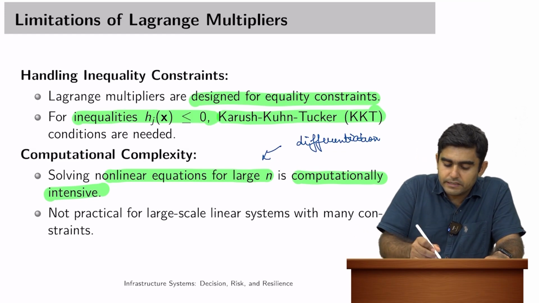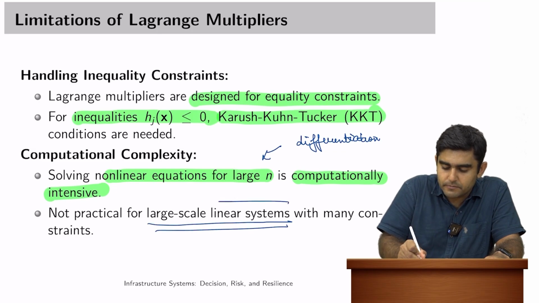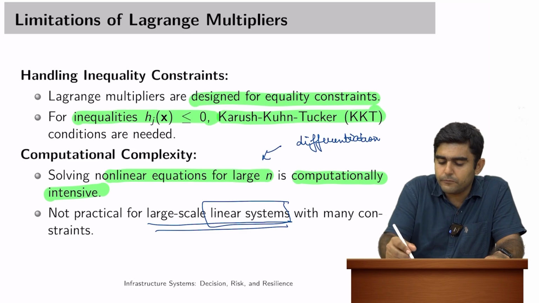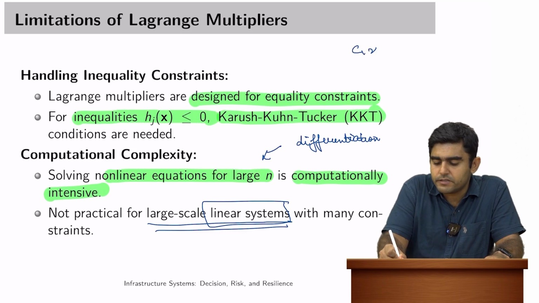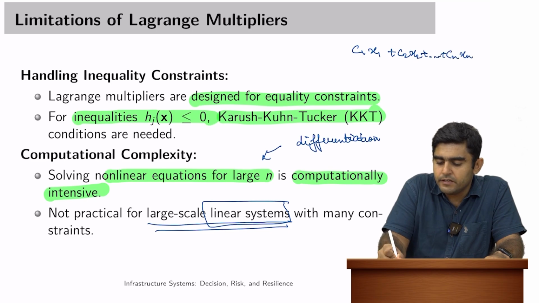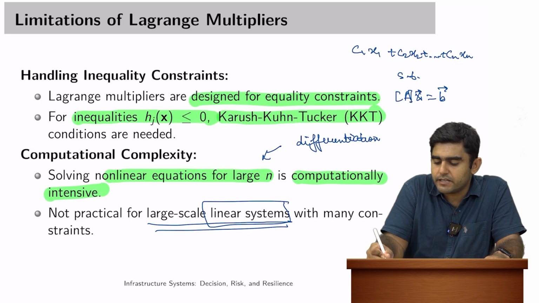Moreover, these are not very practical for large scale linear systems. For example, if you have an objective function of the form c1 x1 plus c2 x2 plus, for n number of variables, cn xn, subject to some constraints, I am writing it in compact form, we will expand it later, let us say Ax equal to b, and we have m such constraints.